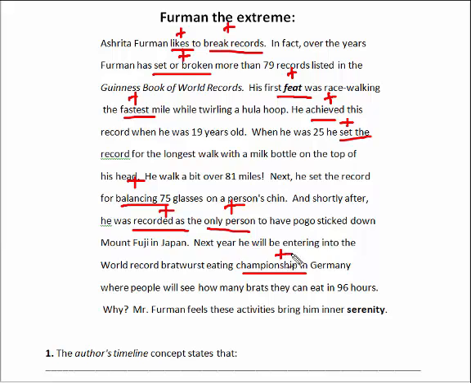Championship, that's positive. And serenity, that is also going to be a positive word as well. Feels. The reason I'm saying feels is positive is because of all this other stuff. If this was all negative, the feeling would be negative as well.